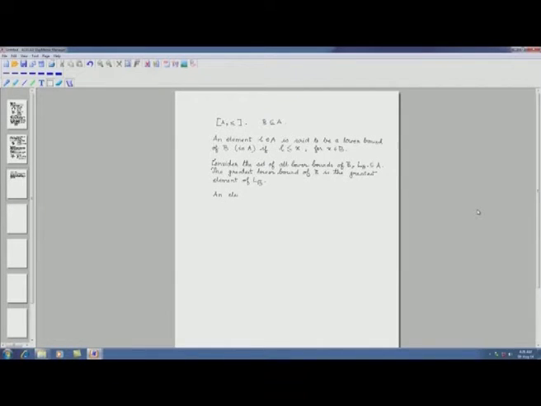An element u belonging to A is said to be an upper bound of B, of course in A, if x is related to u for all x belonging to B. Here also we should write for all x.